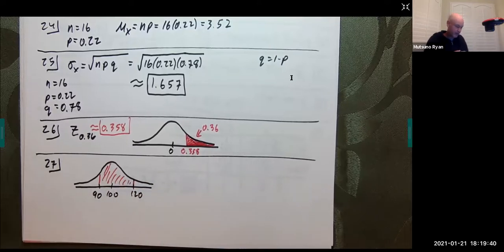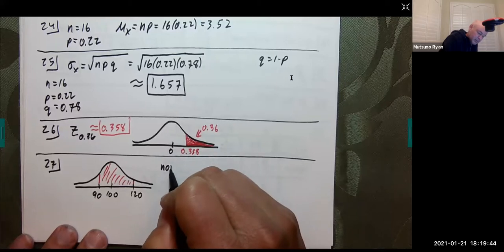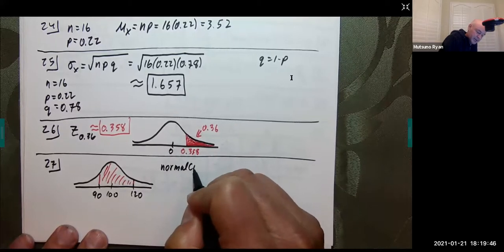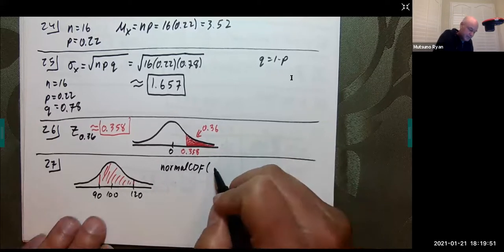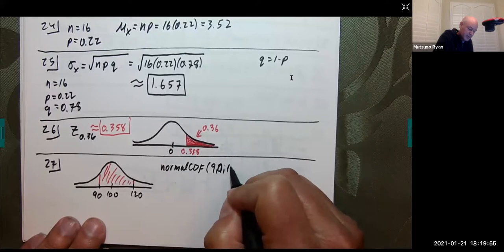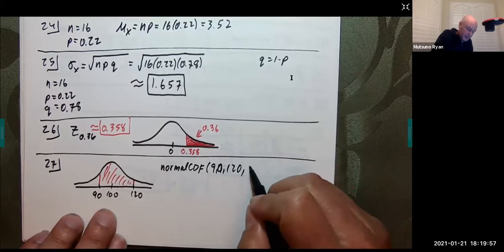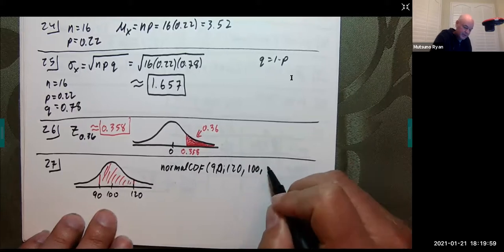We are looking for that area, and we're going to be using normal CDF, from left to right, 90 to 120, then the mean, then the standard deviation.